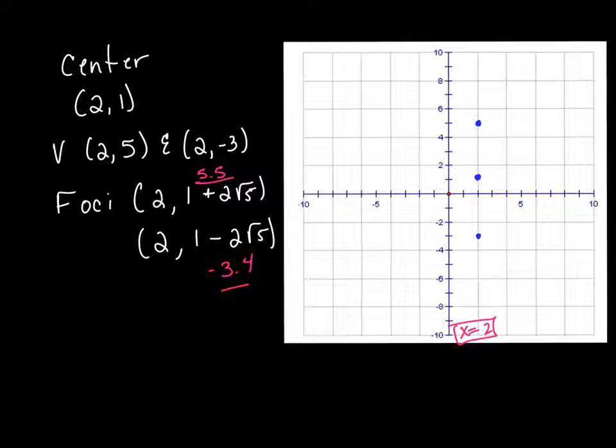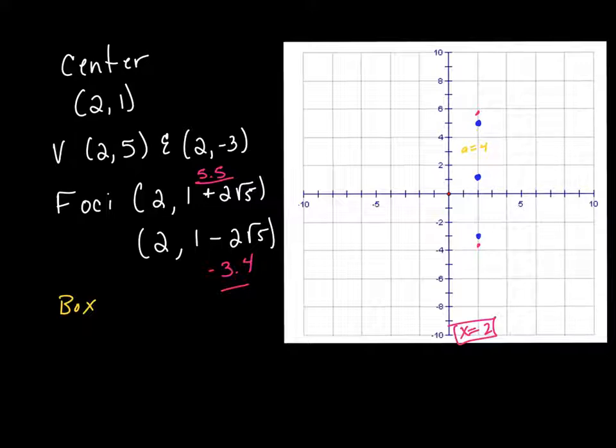So my foci are at 2, 5.5, and down here at 2, negative 3.4. So just a tiny bit larger than the vertices. They're very, very close together on this particular graph. The next thing I need to do is draw in my box. The idea behind this is that I knew that a was equal to 4.